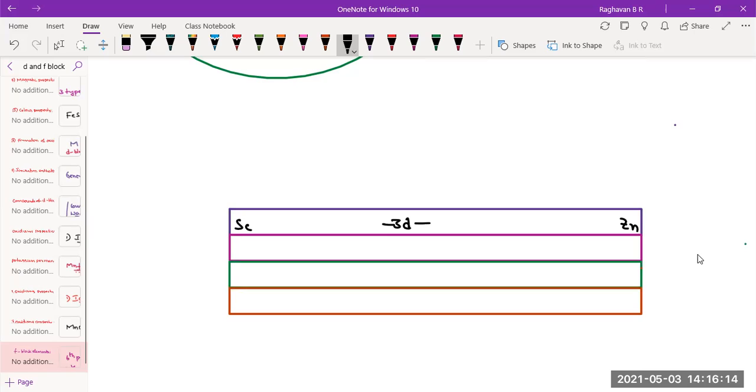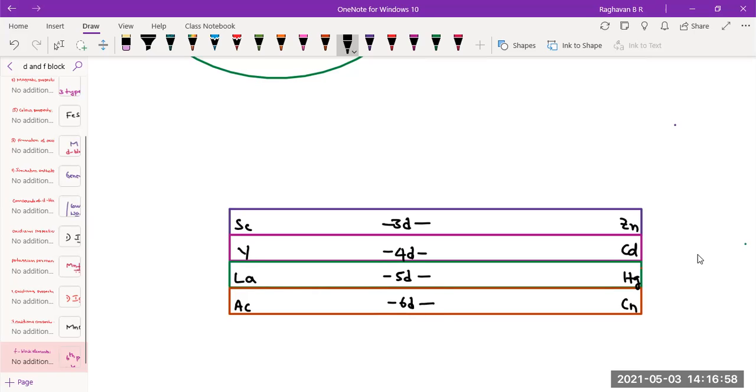Then comes the 4D series, from yttrium to cadmium. Then this is lanthanum, the 5D series, lanthanum to mercury. And below it is actinium, the 6D series, actinium to copernicium. So this is actually the 3D, 4D, 5D, 6D series, 4 series.